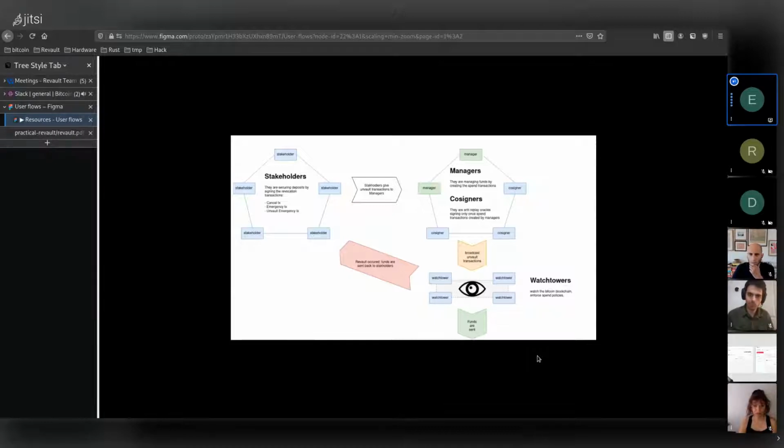The stakeholders give pre-signed transactions to managers every day, and when managers want to spend the funds, they only have to broadcast the pre-signed transactions. So in the Revault protocol, you have two kinds of transactions, or maybe three kinds. The first transaction is the unvault transaction.